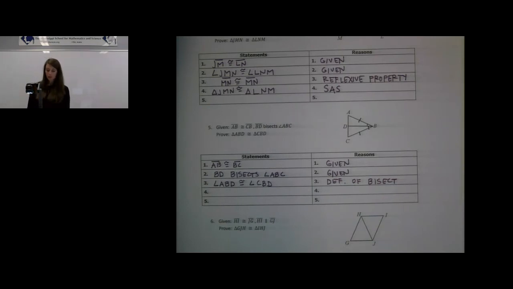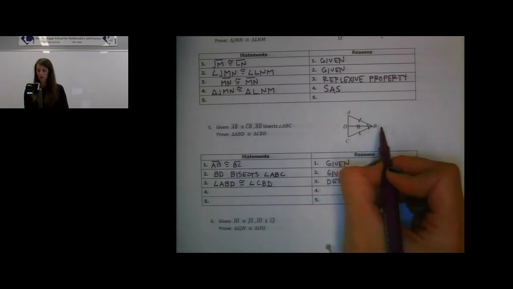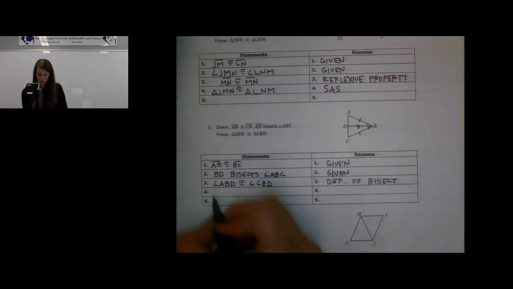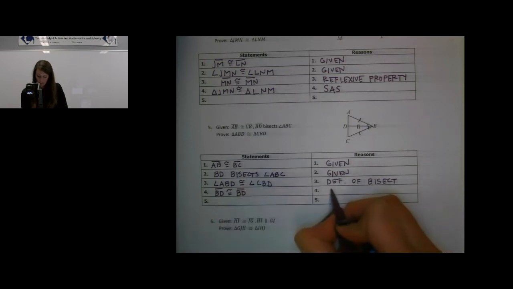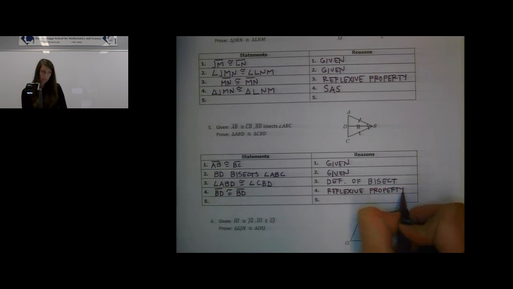Okay, so then what do we have? We have a shared side right here. So DB is going to be congruent to DB. Or you could say BD is going to be congruent to BD, whichever way you say it. And that's the reflexive property because it shares it. Okay, so now what do we have?